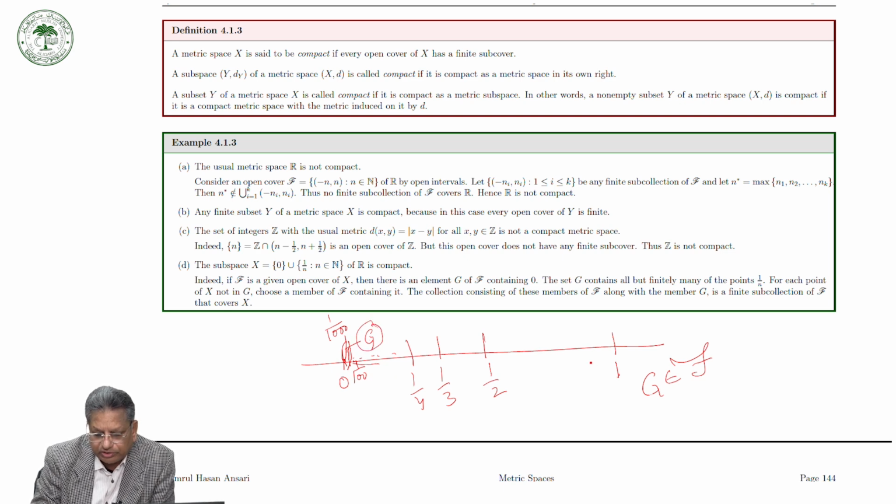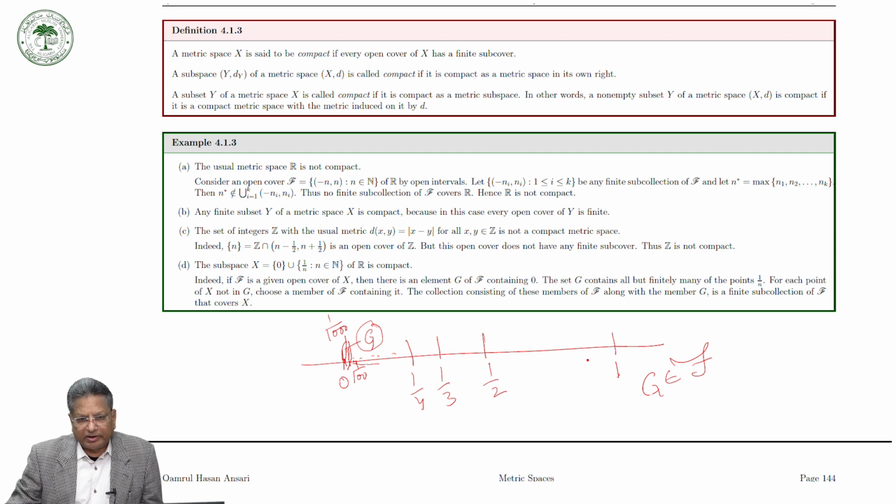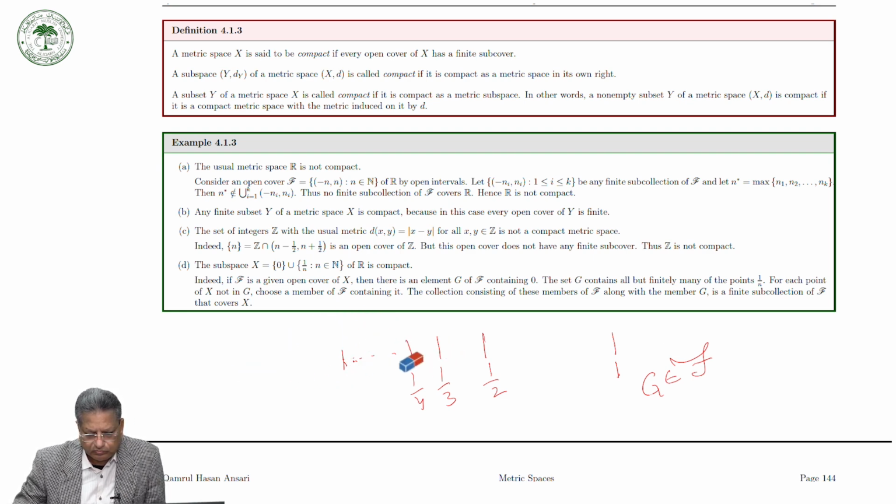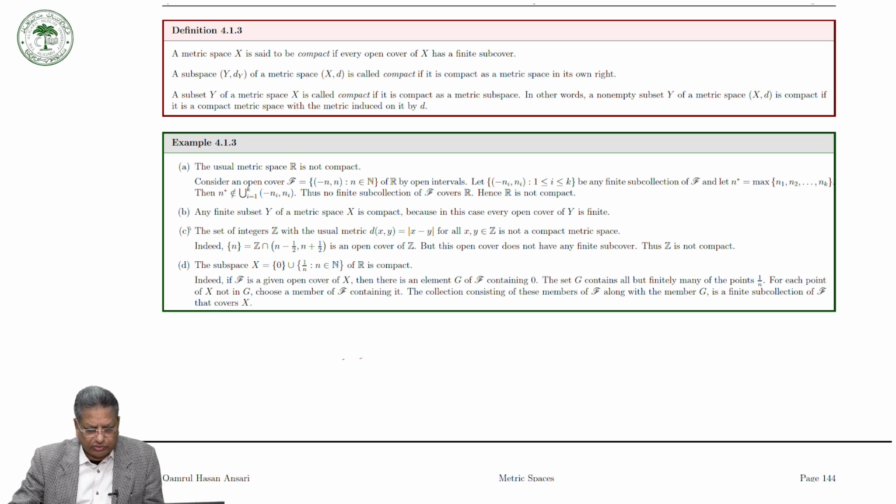So this set is a cover of X. So we can take any F, a given open cover, then there is an element G of F containing the element 0.